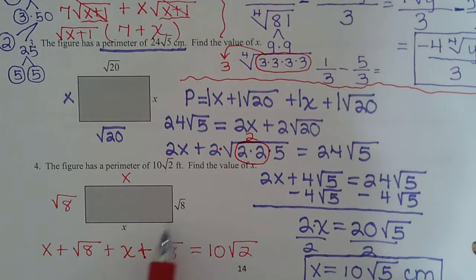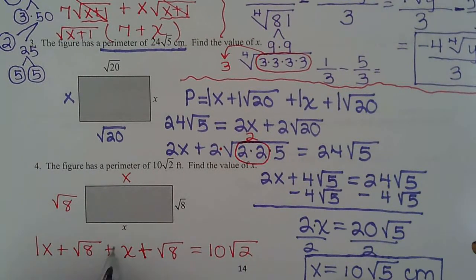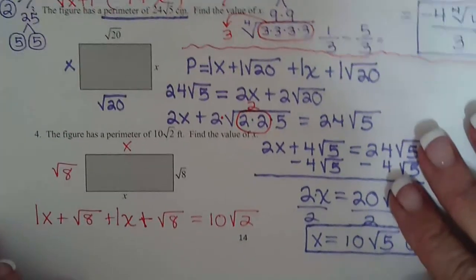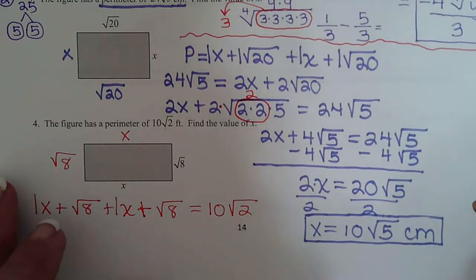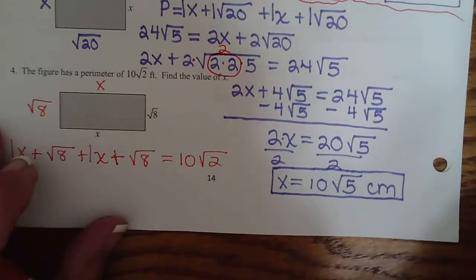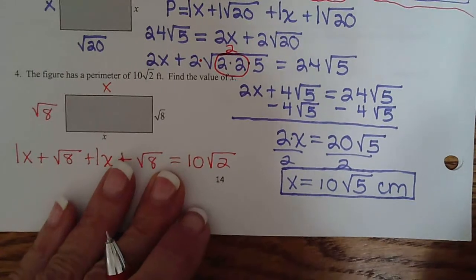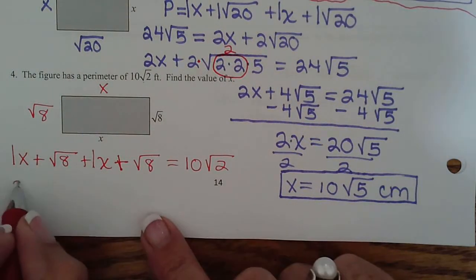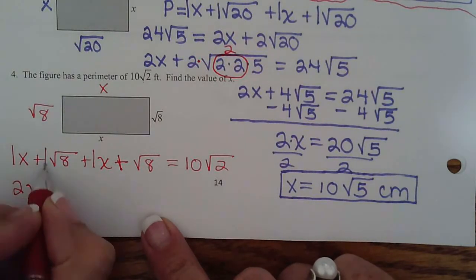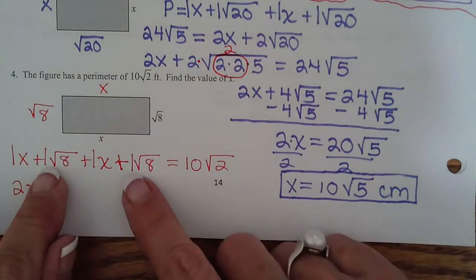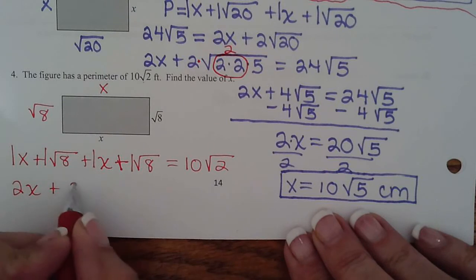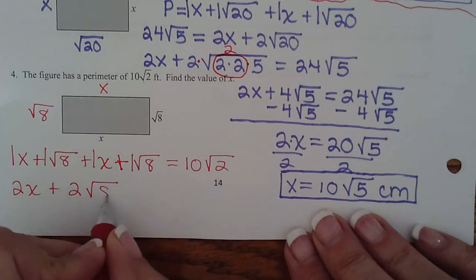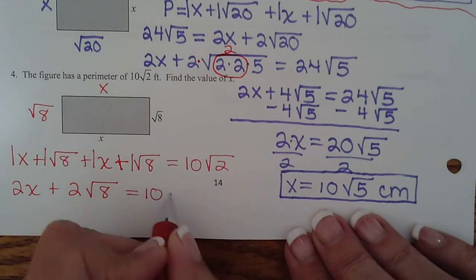So I just added the 4 sides. So again, I'm going to combine like terms just like we did on the last one. And so then we have 2 of these, 2 x's, and we also have 2 of these, plus 2 radical 8 equals 10 radical 2.